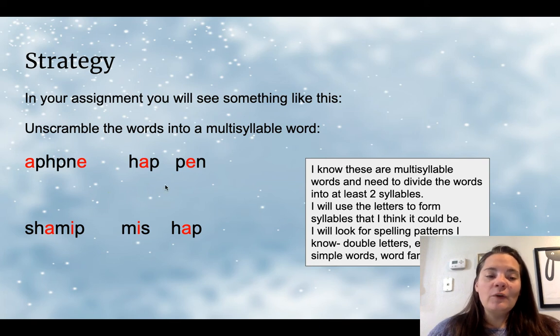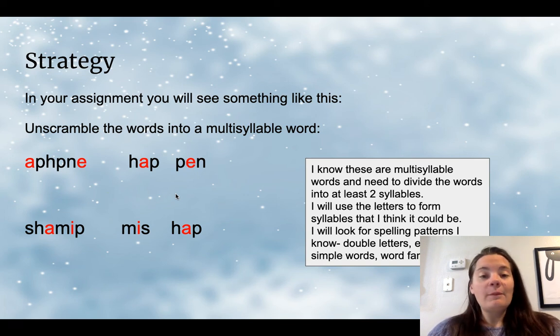Next, I'm going to form at least two syllables using the letters here. And I'm going to look for things that are common in everyday words. So if there are double letters, if there is a simple word that I possibly could write, if there's an ending that I know is common, or even a beginning that I know is common, I'm going to look for word families.